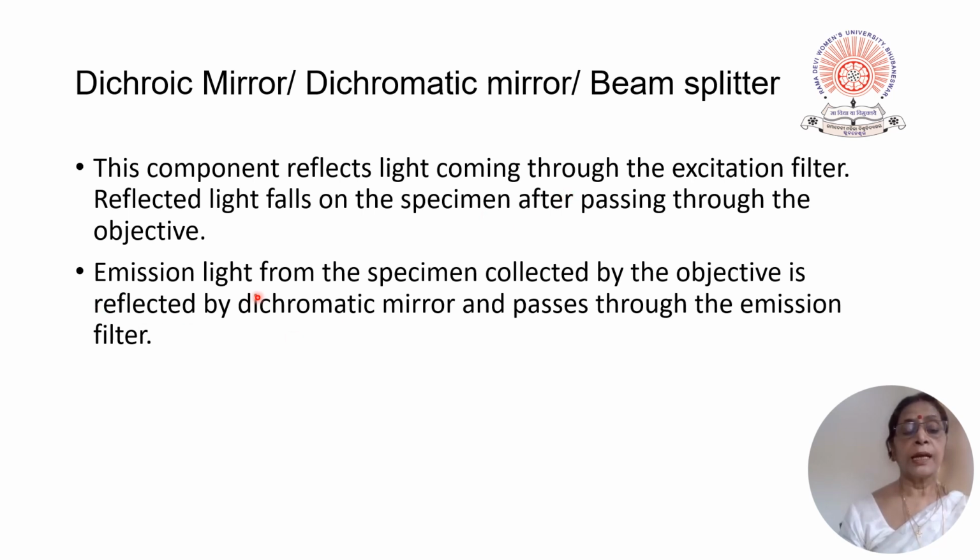The emission light that comes out from the specimen is also collected by the objective and reflected by the dichromatic mirror. After that, it passes to the emission filter. So, dichromatic mirror has important function in directing the excited light and the emission light.